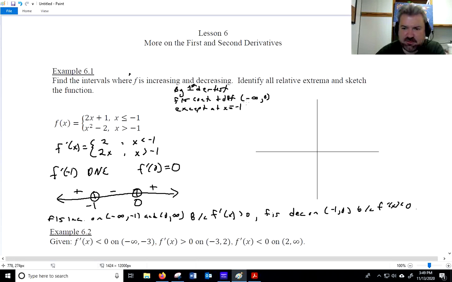It's not differentiable there, but it's okay. I'm allowed to be not differentiable at one place. And f prime changes from positive to negative, then I know that negative 1 comma f of negative 1, which would be negative 1, is a relative max.